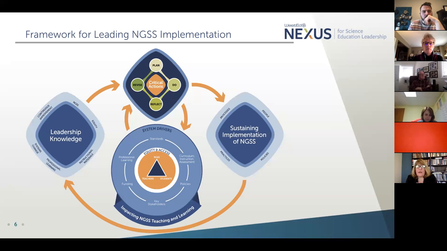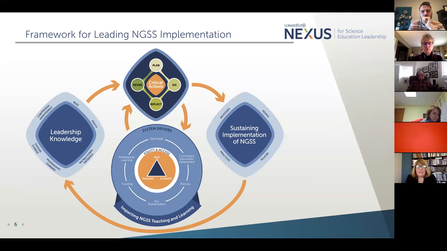That we're able to enact, or in some cases, really eliminate policies that are getting in the way of creating that strong intersection of teachers, students, and access to NGSS.